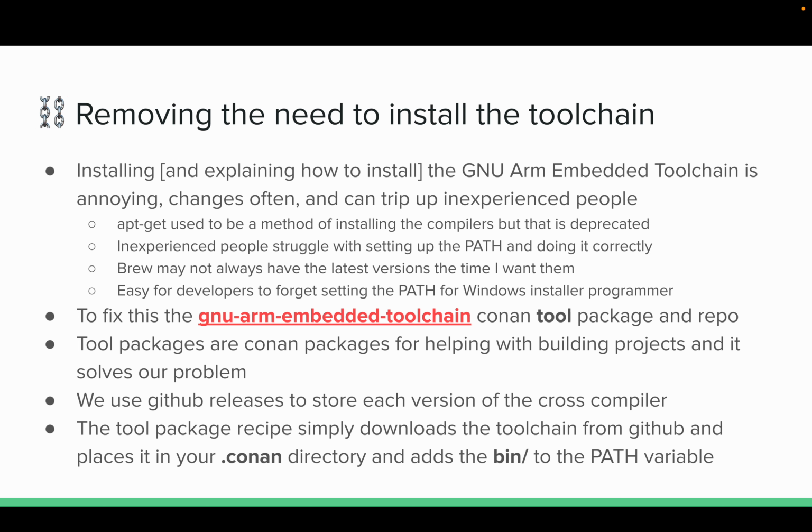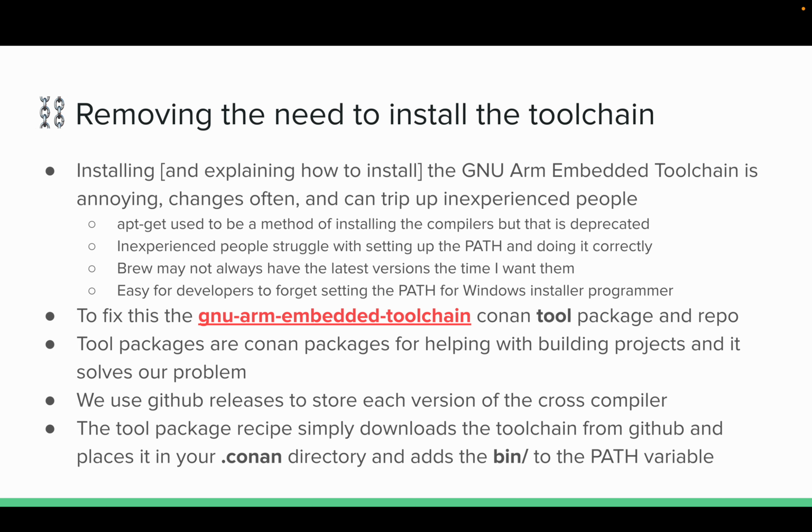Installing and explaining how to install the GNU ARM embedded toolchain is annoying, changes often, and can trip up inexperienced people. Here are just a couple of items that we had to deal with. apt-get used to be the method of installing it for Linux, but they deprecated it. If you try to do apt-get install ARM-GCC, currently from their PPA, I think it only goes up to 10 and stops there.